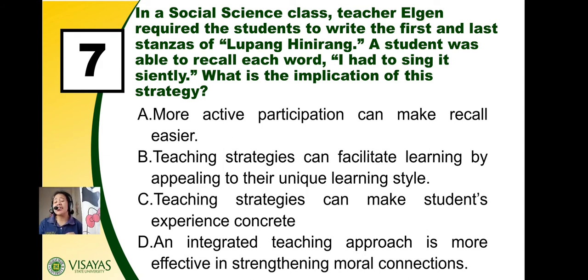B. Teaching strategies can facilitate learning by appealing to their unique learning styles. Letter C. Teaching strategies can make students experience concrete. Letter D. An integrated teaching approach is more effective in strengthening moral connection.